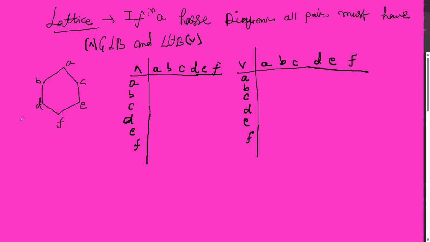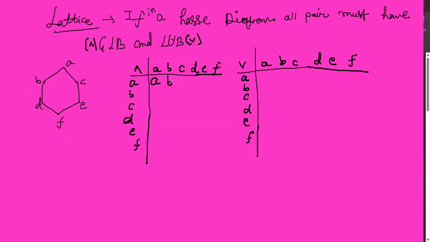Okay. Now see. First of all, this is symmetric actually. Lower bound of AB. Lower bound of AB is what? All things including B, right? B, D, F. But the greatest value is what?